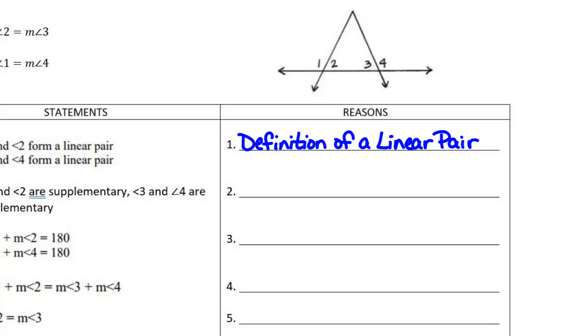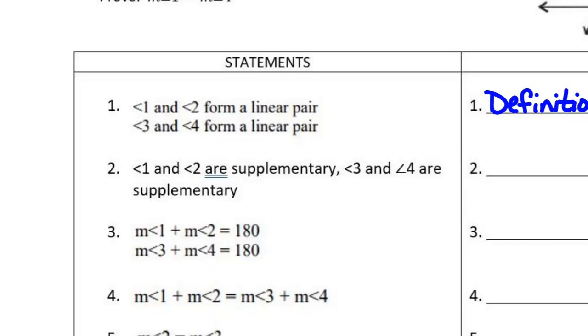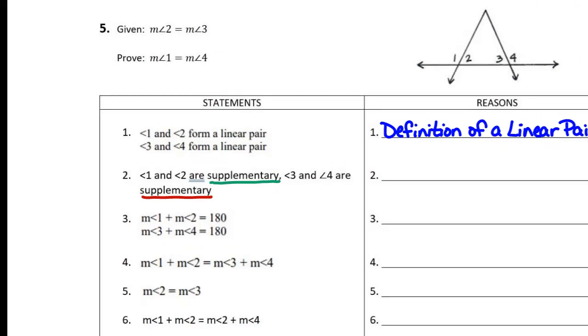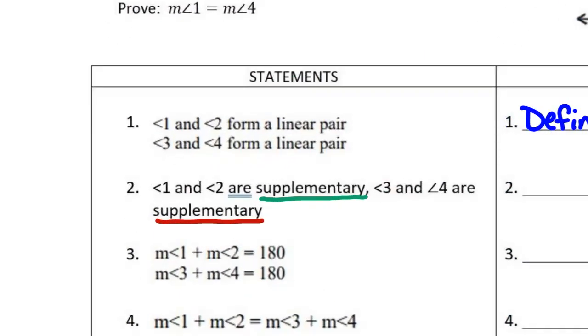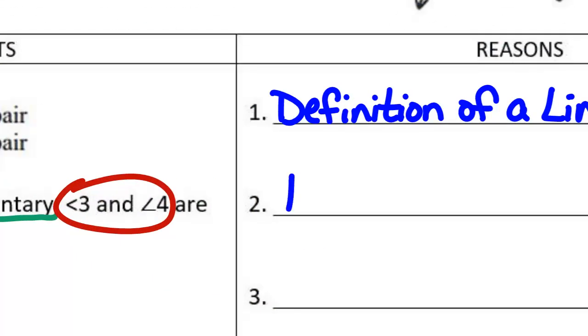You have to look at the picture to see that. But then down in number 2, they tell me that angle 1 and angle 2 are supplementary. Then they say angle 3 and angle 4 are supplementary. Well, how do we know that angle 1 and angle 2 are supplementary? Linear pair theorem. Angle 3 and angle 4 are supplementary for the same reason. This is our linear pair theorem.